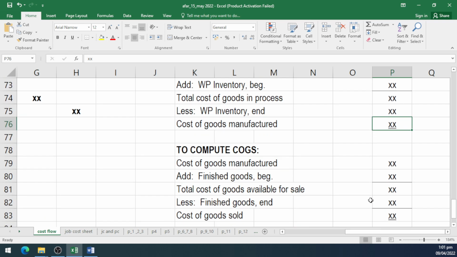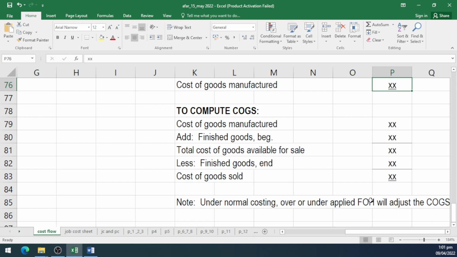And then to compute the cost of goods sold: cost of goods manufactured, add finished goods beginning, that's the total cost of goods available for sale or tigas, less finished goods end, we have your cost of goods sold.